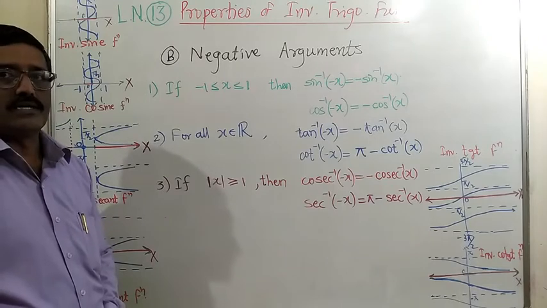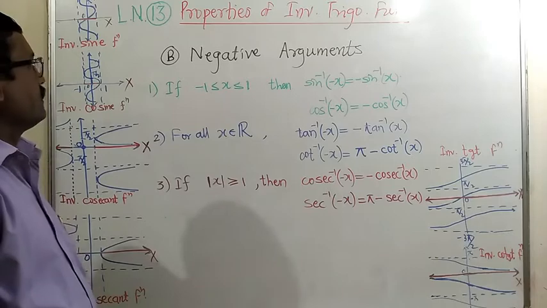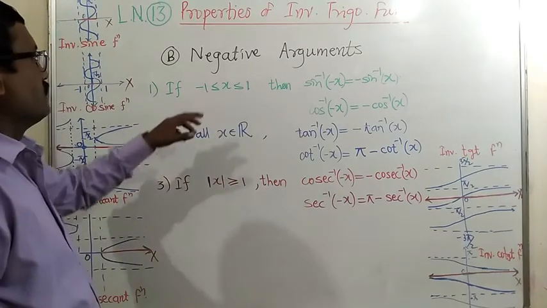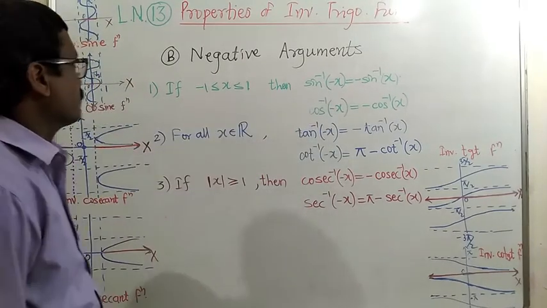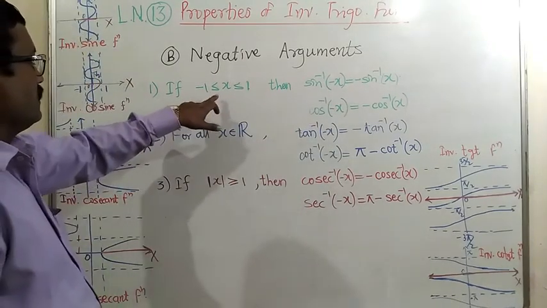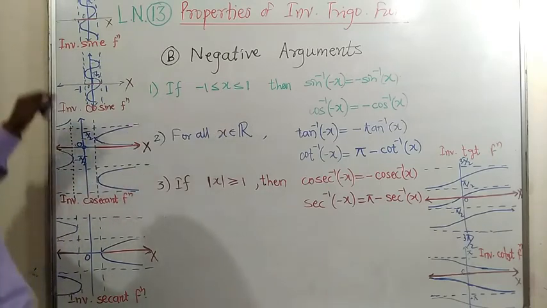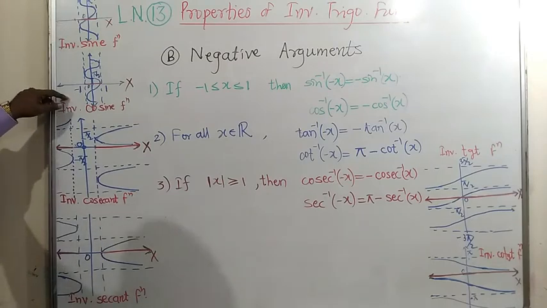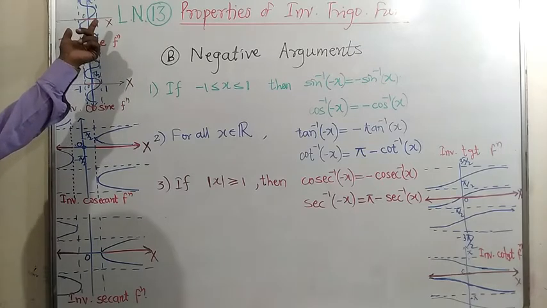Now let us see the second type of properties of inverse trigonometric functions, the negative arguments. These properties are related to negative numbers. Here we know that x from minus 1 to 1 is the domain of the inverse sine function and inverse cosine function, because both these graphs are in the interval minus 1 to 1.